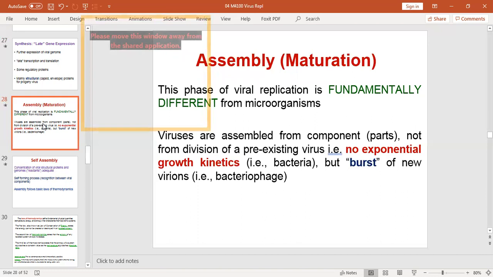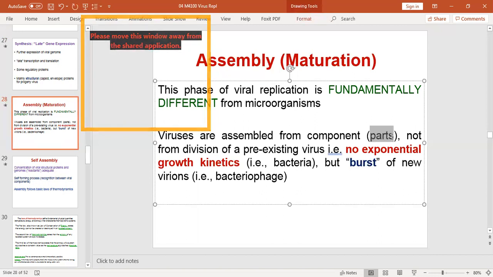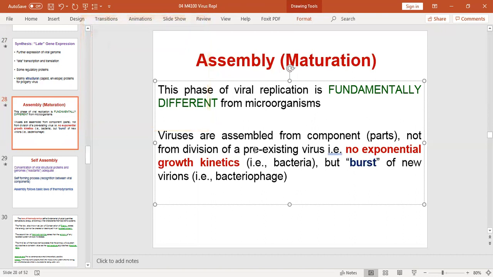This phase of viral replication, meaning assembly or maturation, is fundamentally different from microorganisms. Viruses are assembled from components or parts such as enzymes, capsid proteins, regulatory proteins, and genome. And they are not assembled from division of a pre-existing virus.